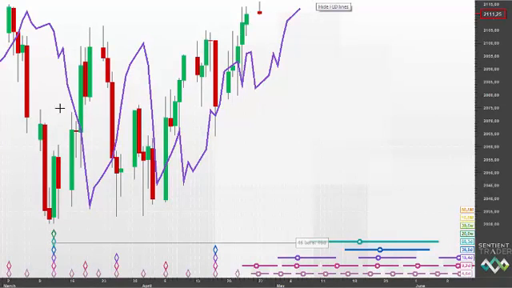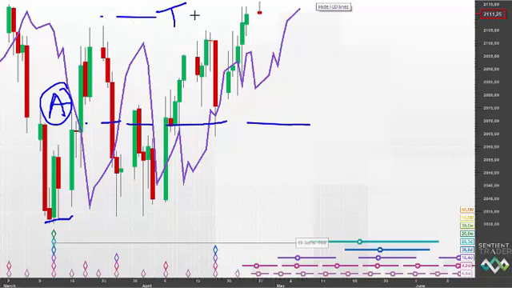Here is the A category interaction as price rose up above the FLD following the 20-week cycle trough in the second week of March. Now, I was speaking a moment ago about the characteristics, the nature of an A category interaction, and as you can see, this interaction didn't quite achieve its target, or perhaps it did just achieve it.